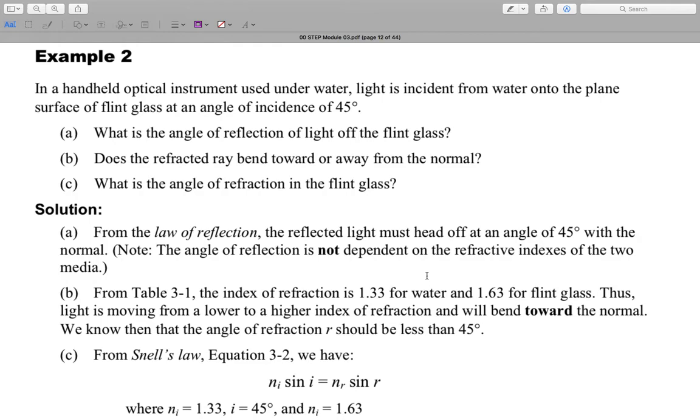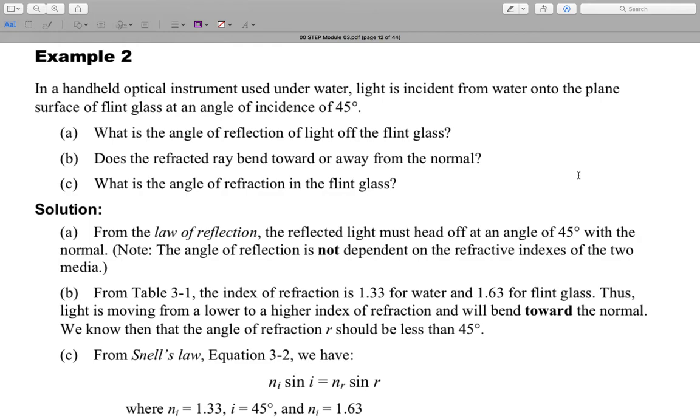From the law of reflection, the reflected light must head off at an angle of 45 degrees with the normal. Note the angle of reflection is not dependent on the refractive index of the two media. Solution B: From table 3.1, the index of refraction is 1.33 for water and 1.63 for flint glass.